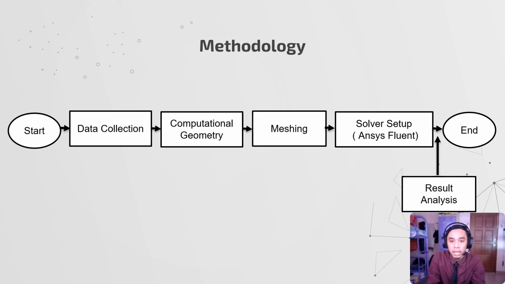Then here I have a problem when I set up the solver, because I could not use a complex design to analyze the flow due to the limitation of the software I'm using, which is the student software. For the result analysis, I can give the expected result, and for some simple designs I have made as practice, I can get results.